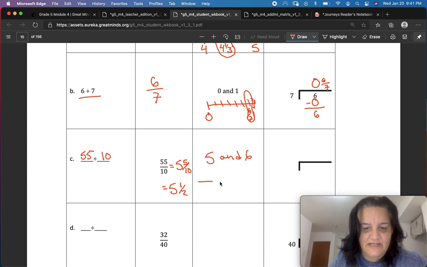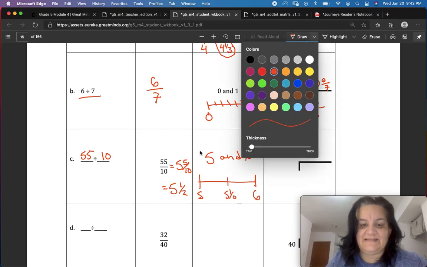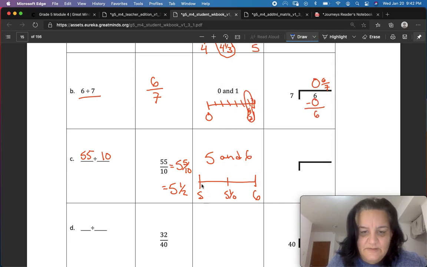And I can draw a number line and show you that, because if this is 5 on a number line and this is 6 on a number line, 5 1/2 would be right here. Now, if I want to show you in tenths, I can show you that too. So this would be 1, 2, 3, 4, 5, 6, 7, 8, 9, 10.